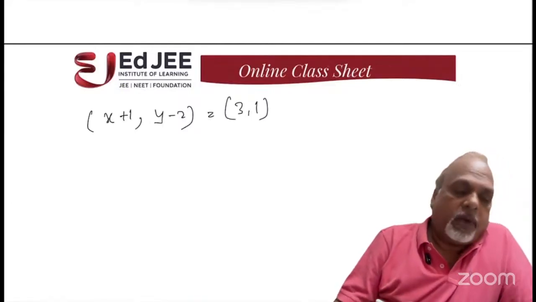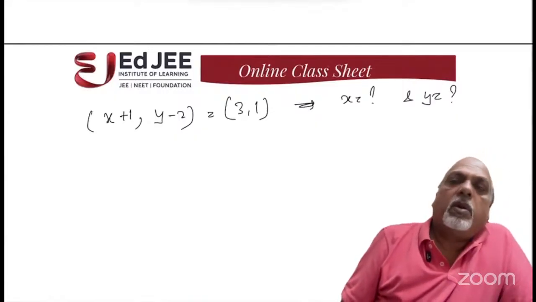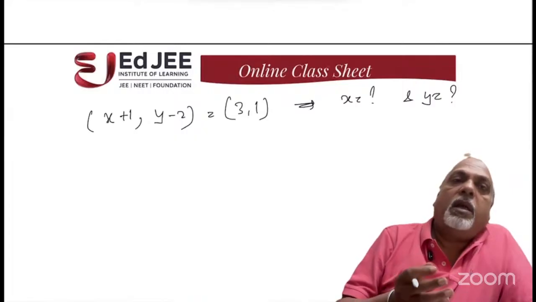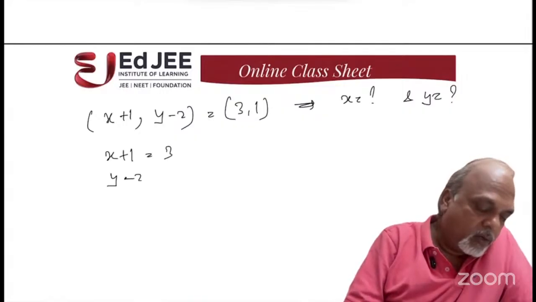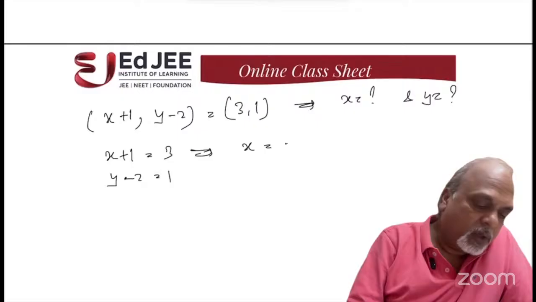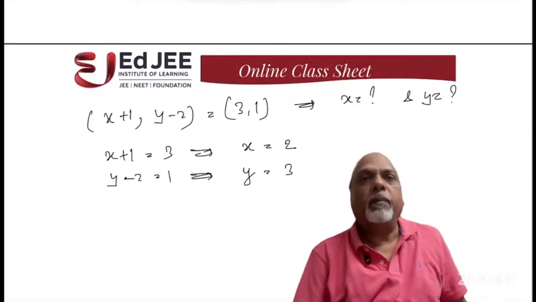Then if you are asked what is the value of x and y, so as I told you, if the ordered pairs are equal, then their elements are also equal, like x plus 1 must be equal to 3 and y minus 2 must be equal to 1. This will give you x as 2 and this will give you y as 3. Correct?